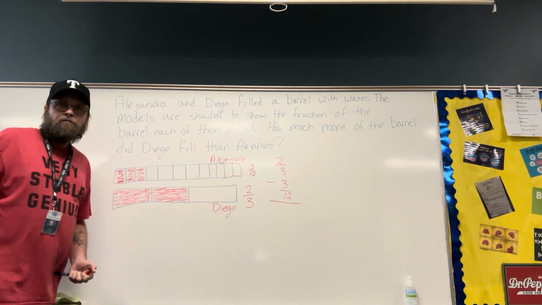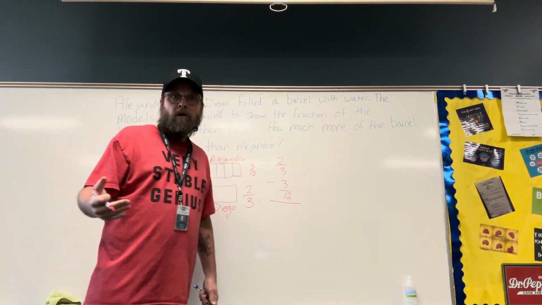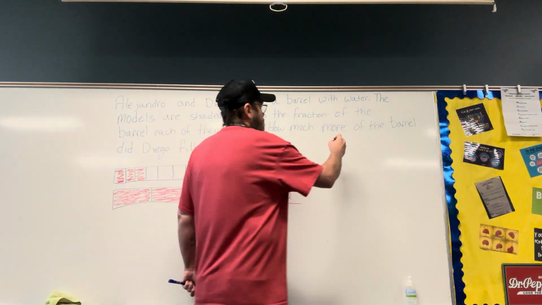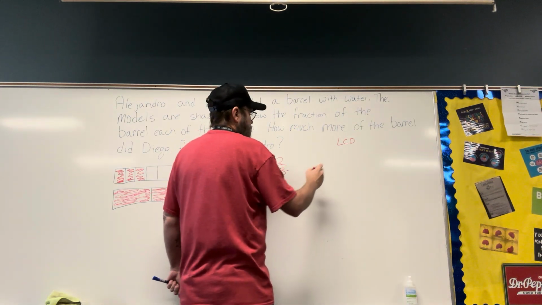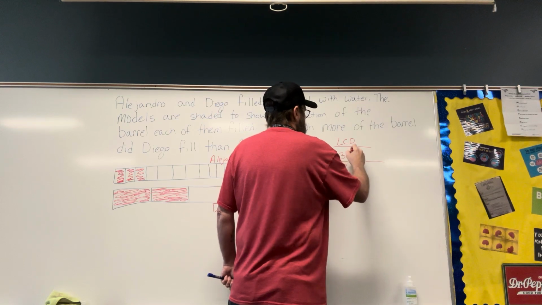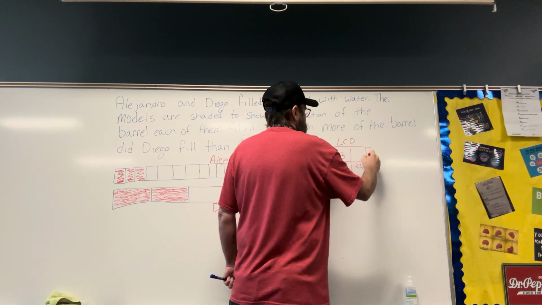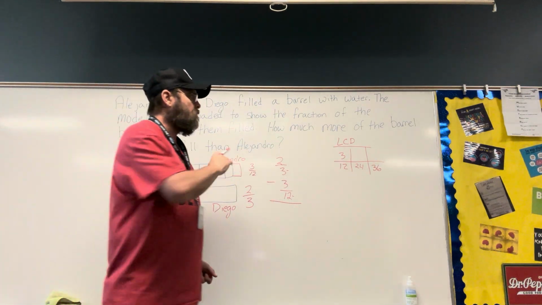When we are adding or subtracting fractions, you must find a common denominator. I'm going to show all the steps for finding a common denominator. So we need our least common denominator. My two denominators are 3 and 12. I take those and I list the multiples until I find the first multiple that shows up in both rows.